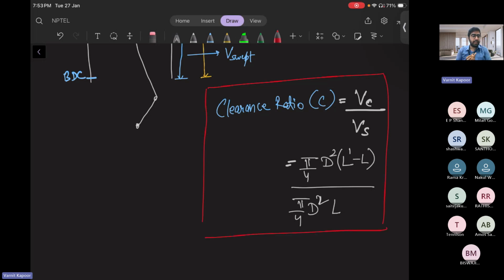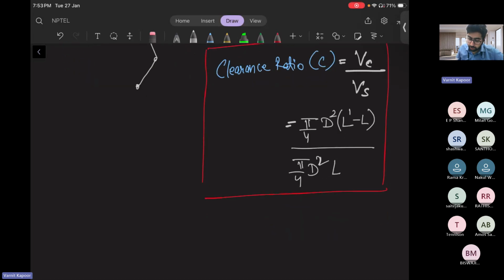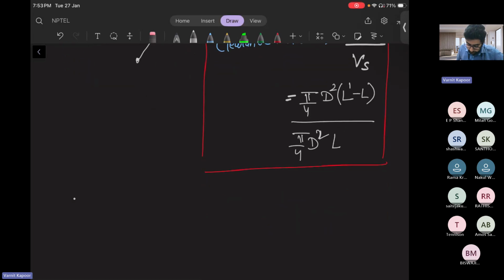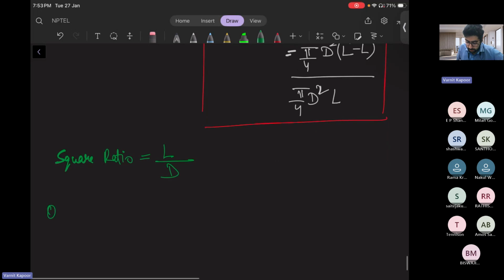And there is also a square ratio, or over square ratio. Square ratio is associated with L, your swept length, to that of bore, L by D. Or we can say over square ratio, also notated as L by D. But what is the difference here?